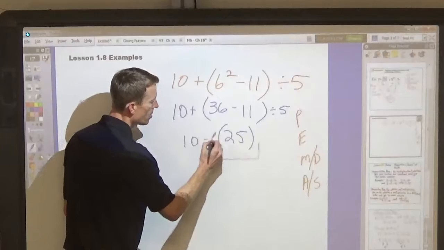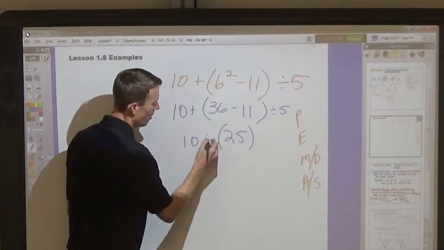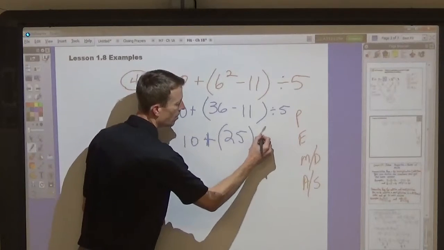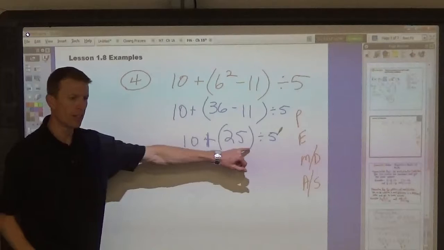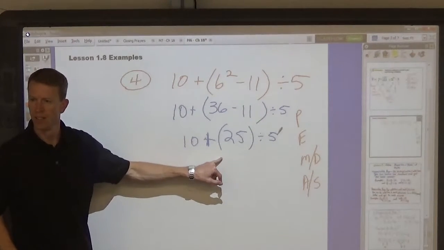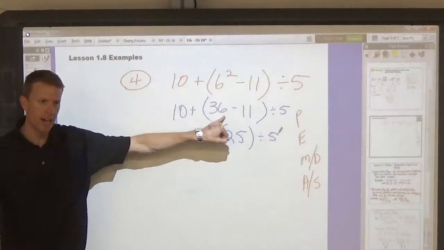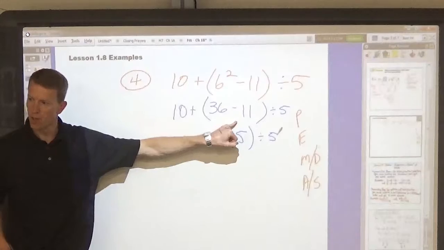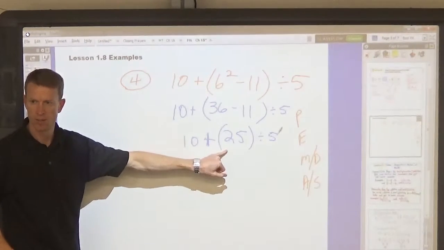So we can bring down what's left. And I want you to notice something. If I can get my pen to work here. Do we know what to do without having the parentheses there? Yeah. So the purpose of the parentheses in this case was just to get us to find the answer inside. Once you have that answer, you really don't need the parentheses anymore.